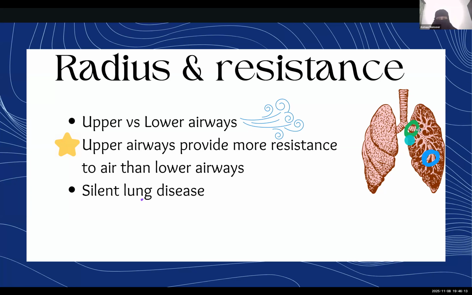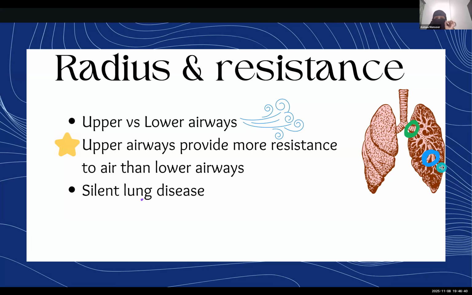In the upper airways, the resistance will be high and it can be seen in cases of disease. But if you have a disease or a cancer growing in the periphery of the lung, where the total radius is high. So, for example, if I have a total radius of 1,000 in the periphery, and I have a cancer that's growing and pushing against some of these bronchi and bronchioles, making the radius less.